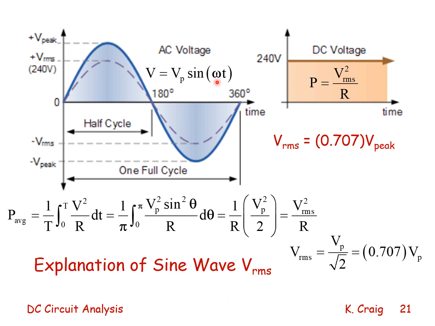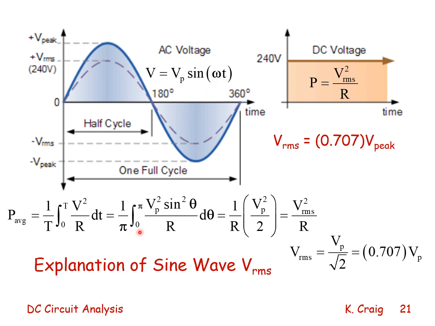If I want to know what the average power is delivered to a resistive load over one cycle, the mathematics tells me to integrate from 0 to the end of the period the instantaneous power, v squared over R, with respect to time, and divide by the period to get the average power. If I focus on the power in this half cycle, I now can switch from omega t to theta.